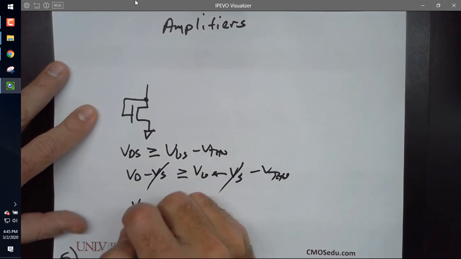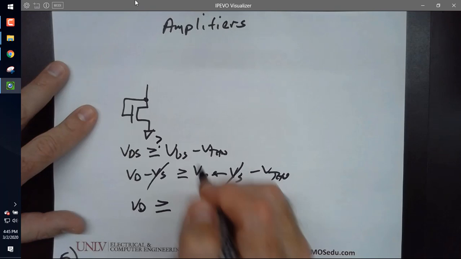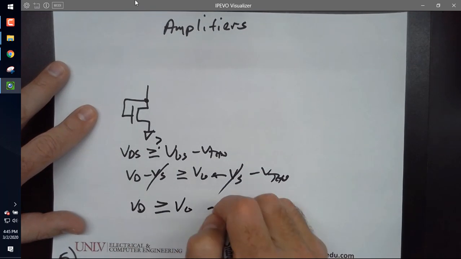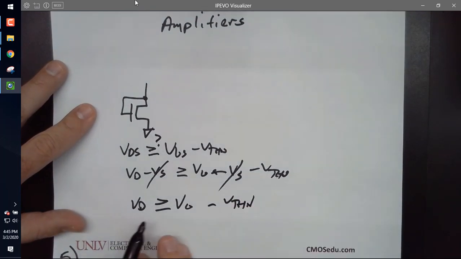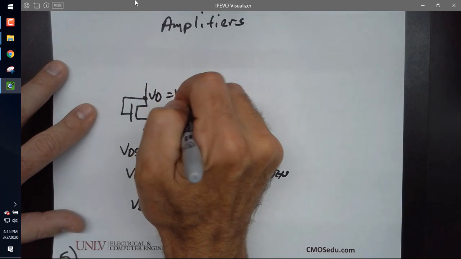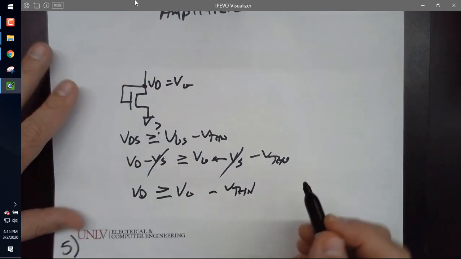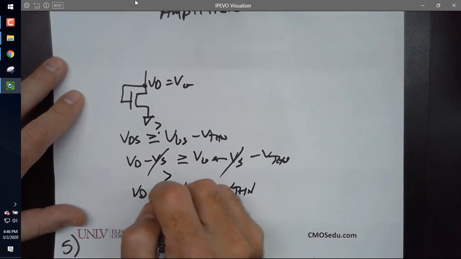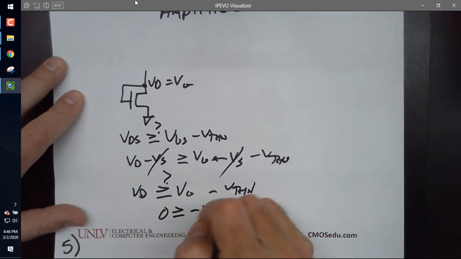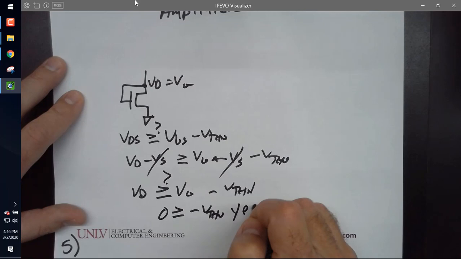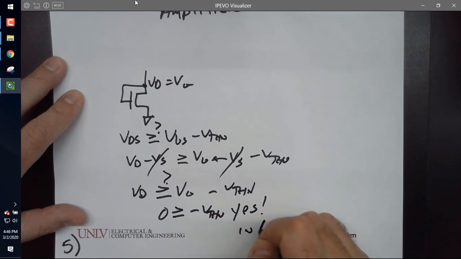V drain greater than or equal to V gate minus V threshold N. But VD equals VG. So that says 0 greater than or equal to minus V threshold N. Yes, in saturation. Everybody can derive that, right?